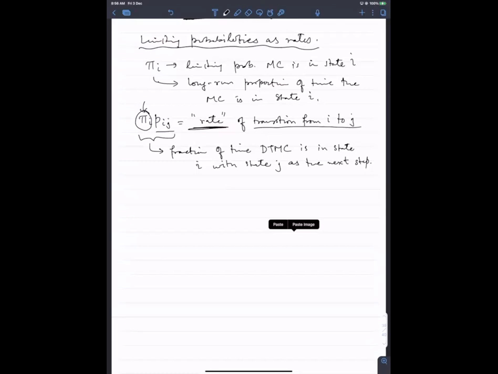Okay. So let's take a look at a very large number of time steps t.